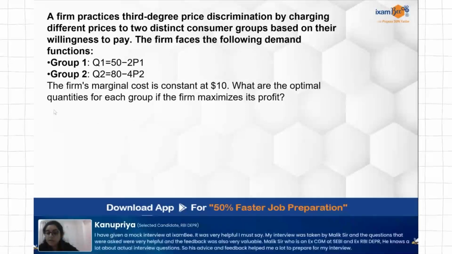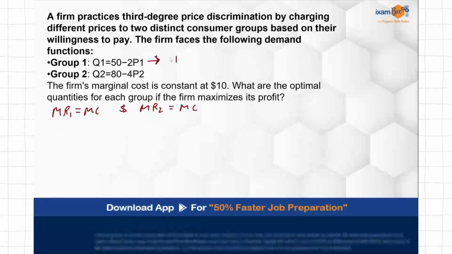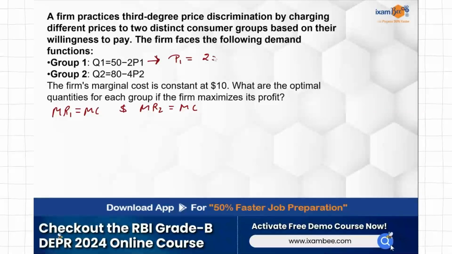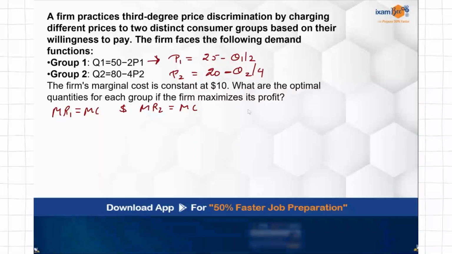So we know that we need to equate MR1 with MC and MR2 with MC. First of all, convert this into P as a function of Q, or the inverse function. So we can say that P1 is equal to 25 minus Q1 by 2, and here P2 is equal to 20 minus Q2 by 4.